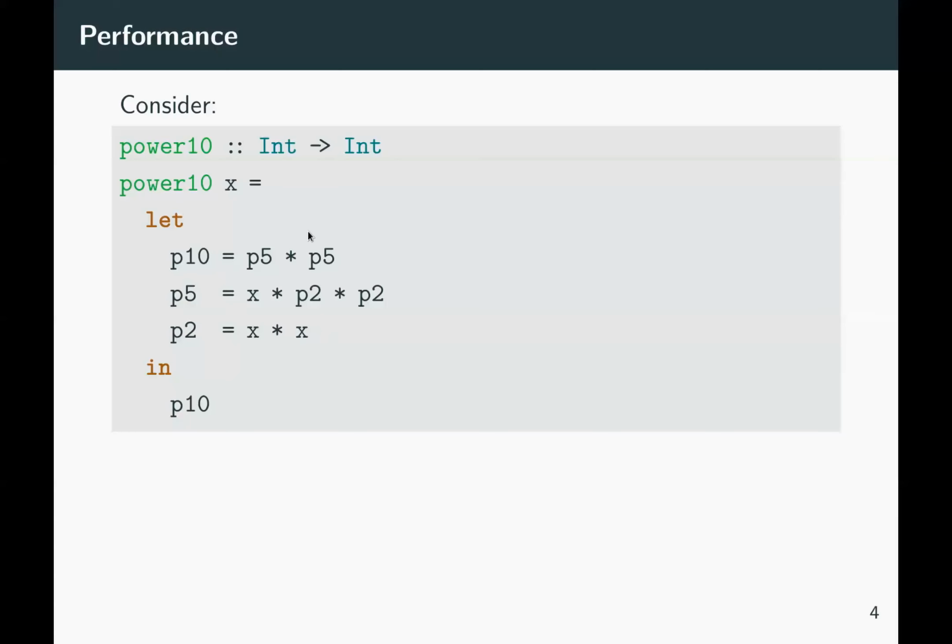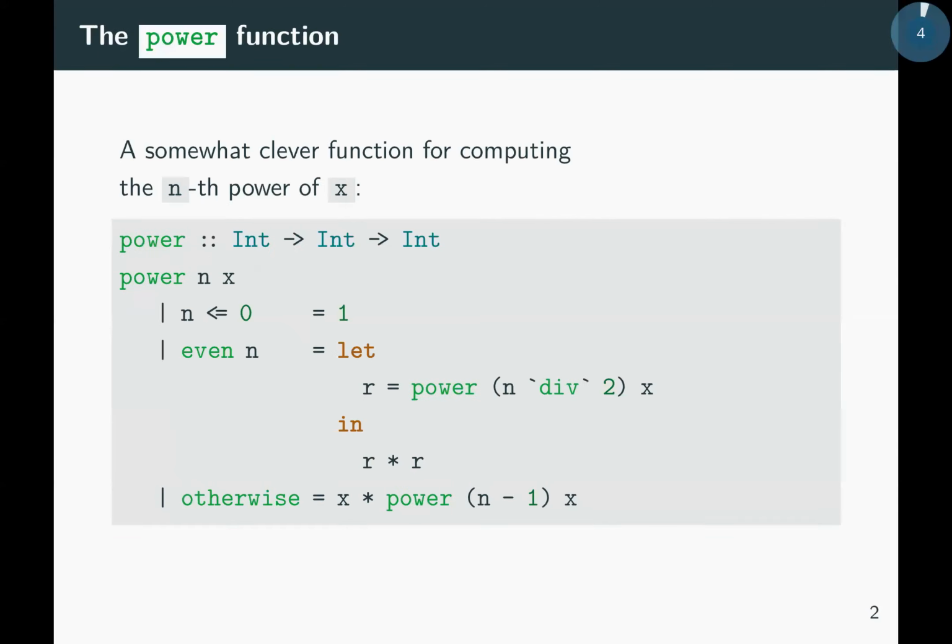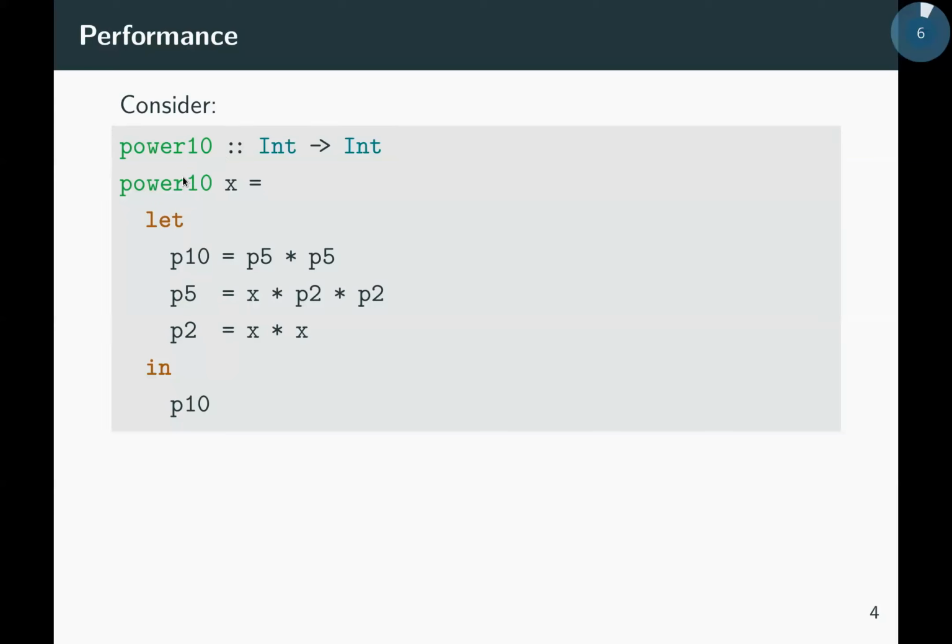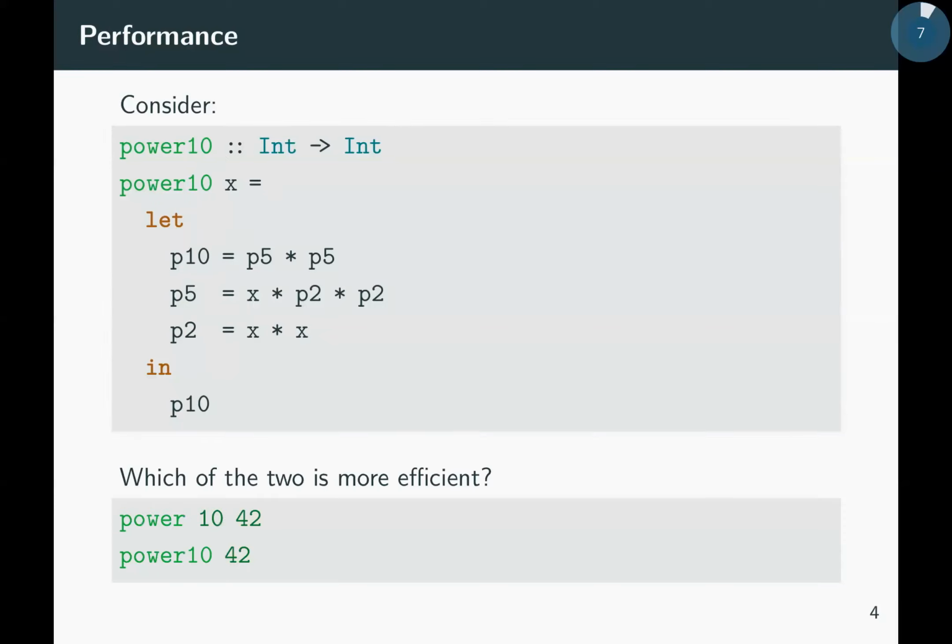Right. So yes, the point is if we know n basically at compile time in advance, then we can use this algorithm here and unroll it, specialize it for n equals 10 to get this efficient implementation. Or well, it should be efficient, right? I mean, this looks very efficient.